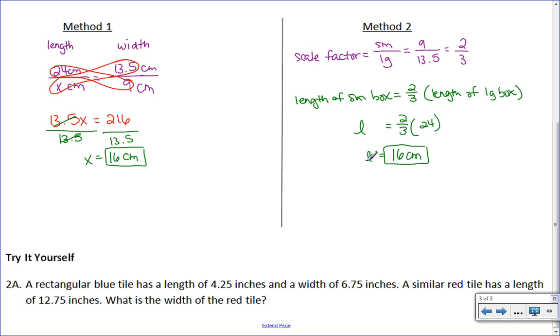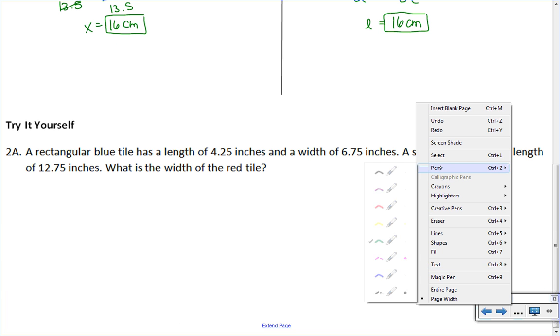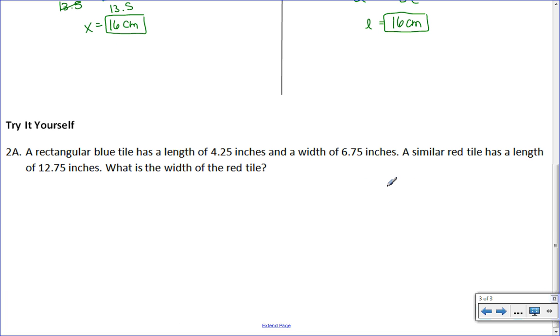So go ahead and pause the video, work out try it yourself 2A, and when you are ready, go ahead and hit play again so that you can check your answer. Alright, and for this one, the width of the red tile, you should have gotten 20.25 inches.